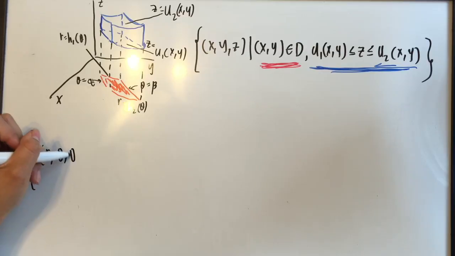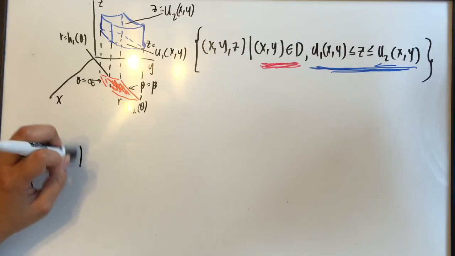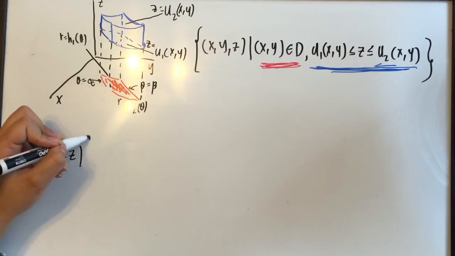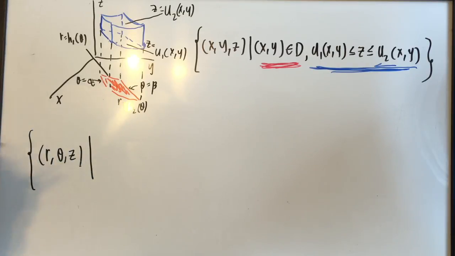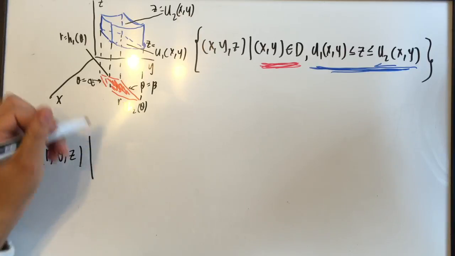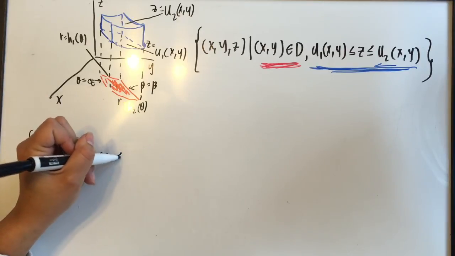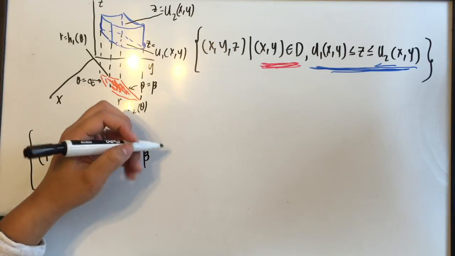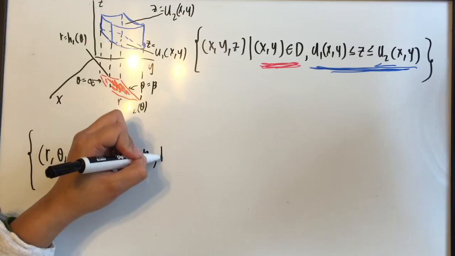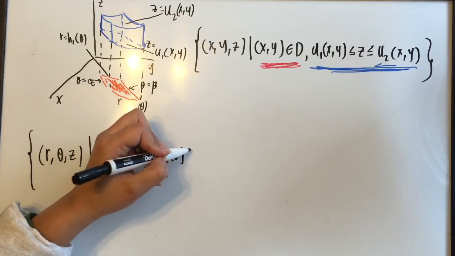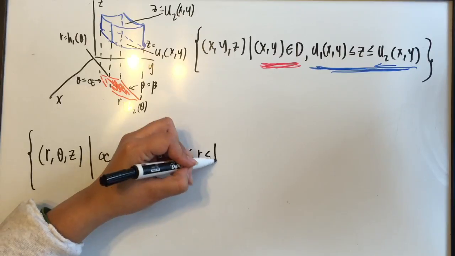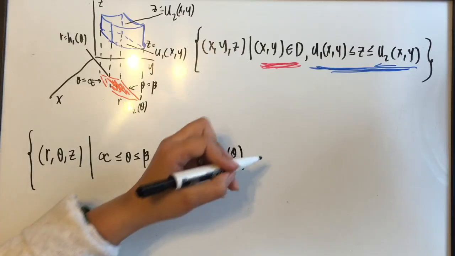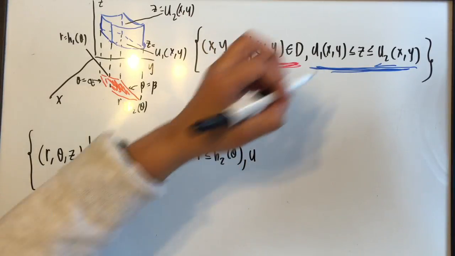Remember we previously went through our theta, and so our theta is bounded by that, then our radius bounded by that, and so now our z is going to be the same.